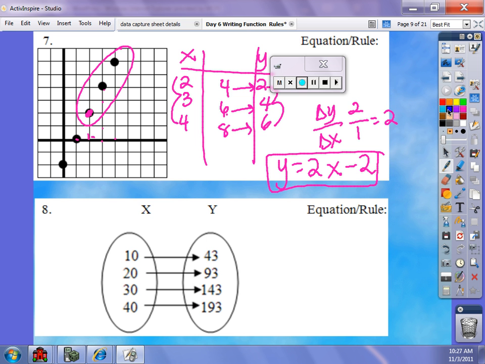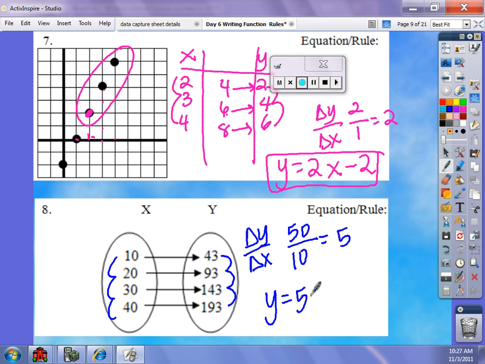Okay, last one. Change of y over the change of x. This is called mapping, right? So let's find this change of y. These guys are going up by 50. The x's are going up by 10. So 50 divided by 10 is 5. This is what's going to start our equation.